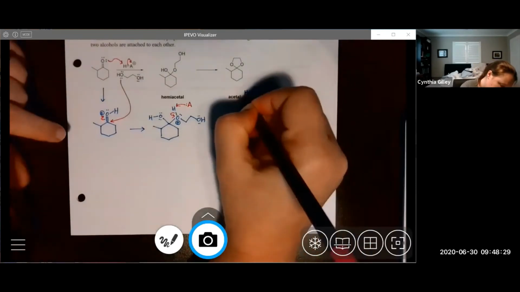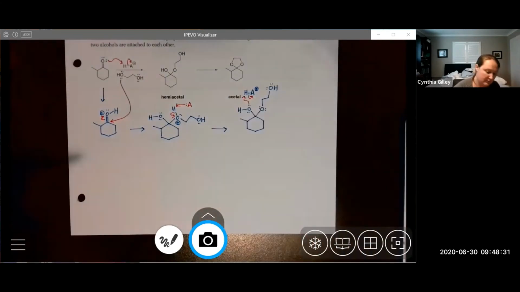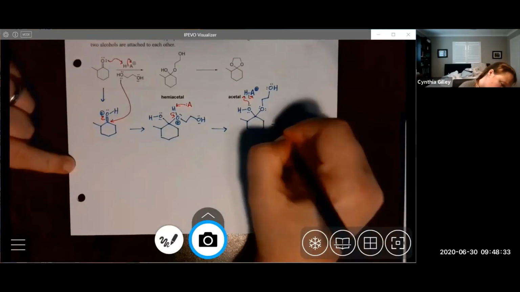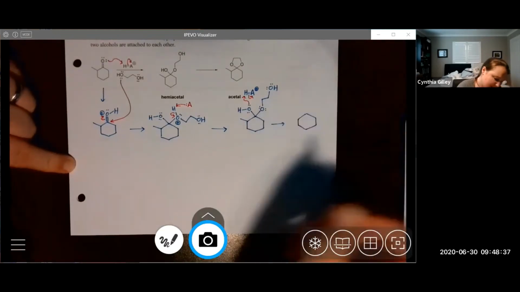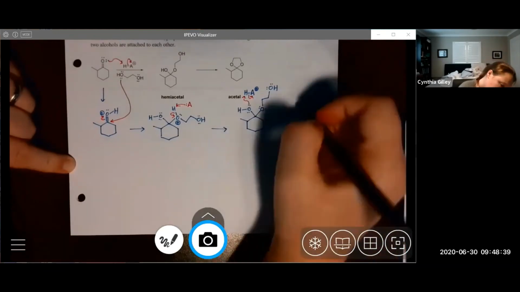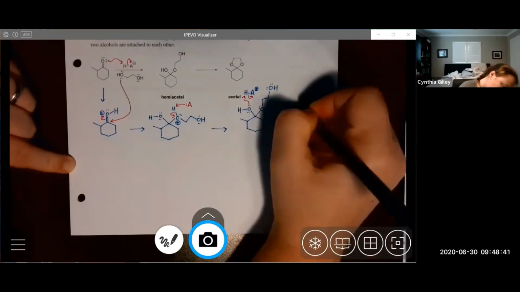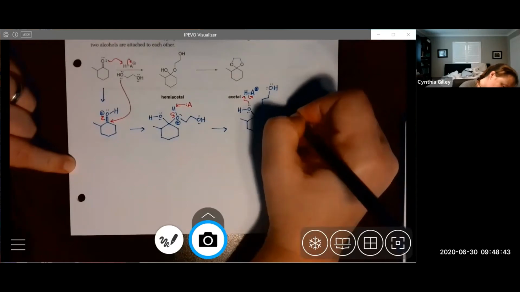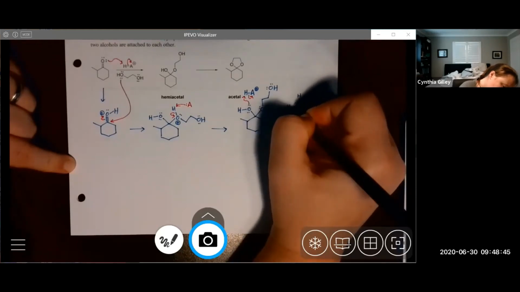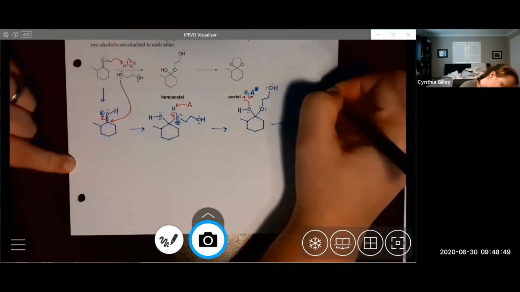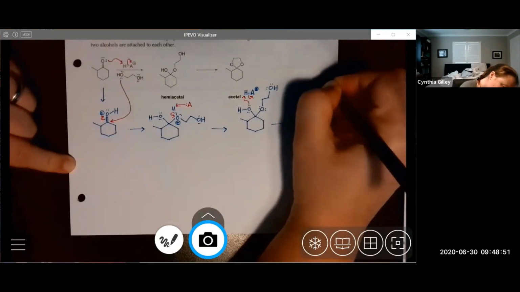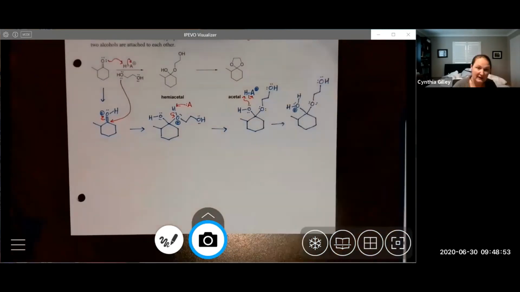We're going to pick up a proton. Remember, the goal of that is to make a good leaving group. Once that oxygen has been protonated, now it's a good leaving group. So now it can leave.